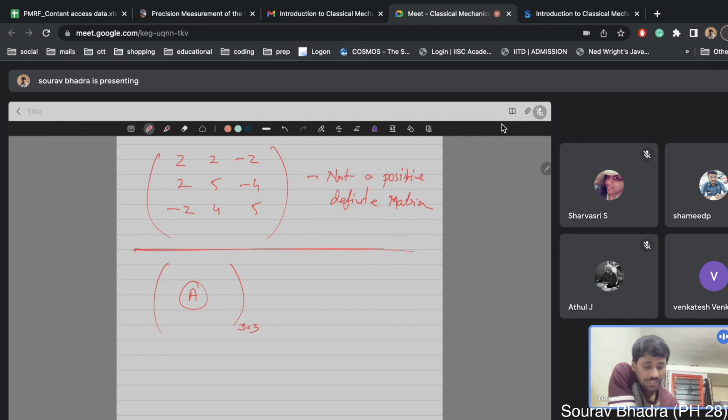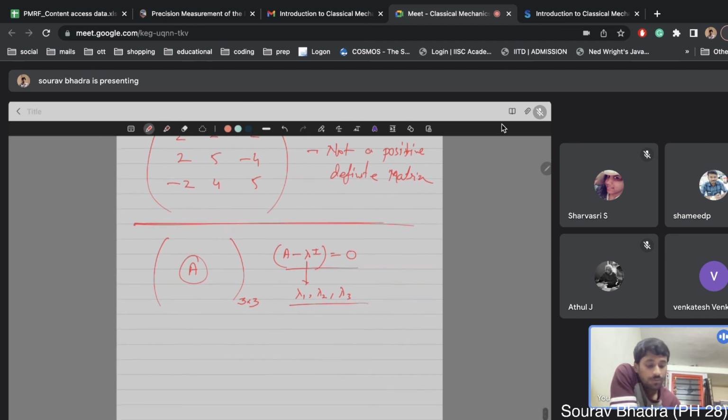Suppose it is a 3 by 3 matrix, then using A minus lambda I equals 0, where I is the identity matrix, this is the characteristic equation of a matrix. Using that, you can find lambda 1, lambda 2, and lambda 3, which are the 3 eigenvalues of this matrix. Now you have to calculate the eigenvectors associated with these 3 eigenvalues.